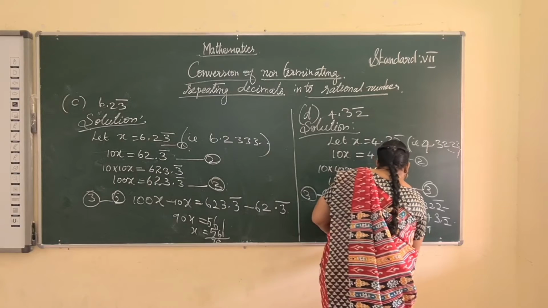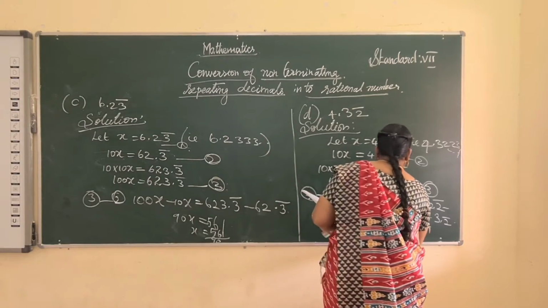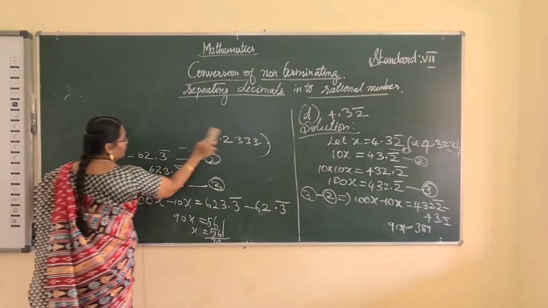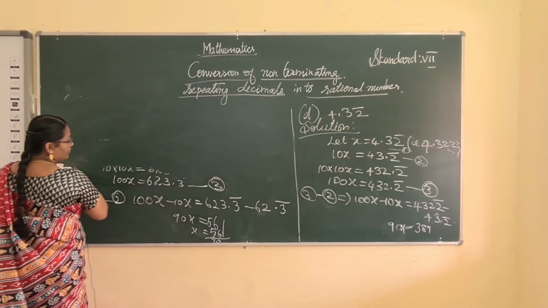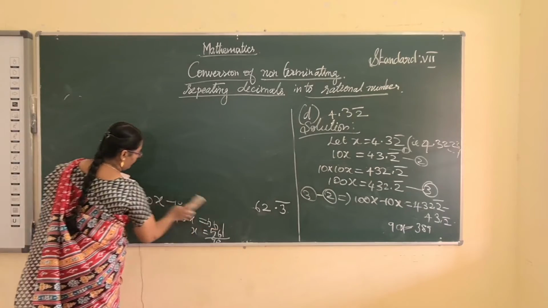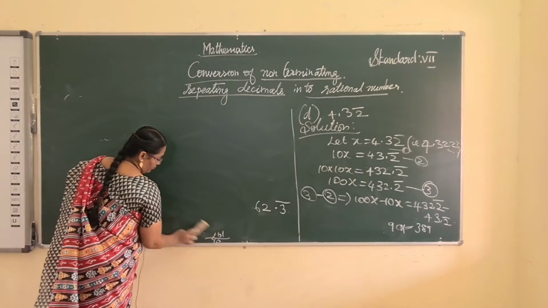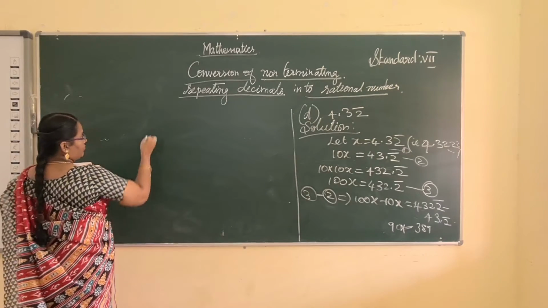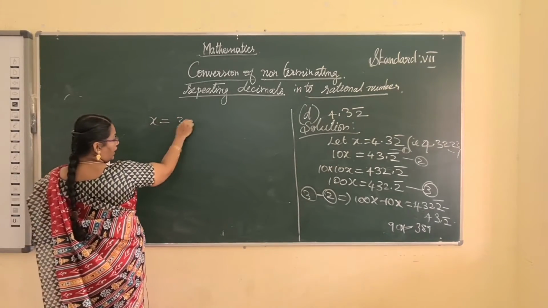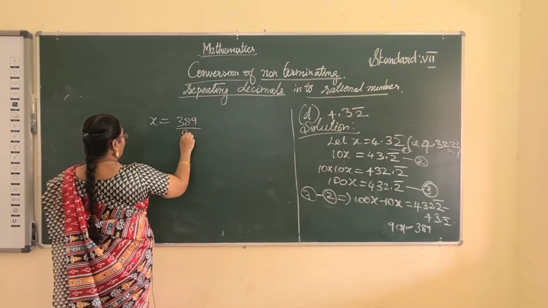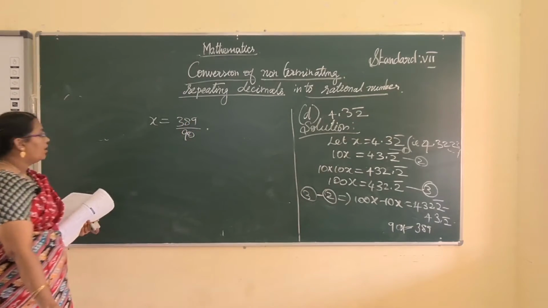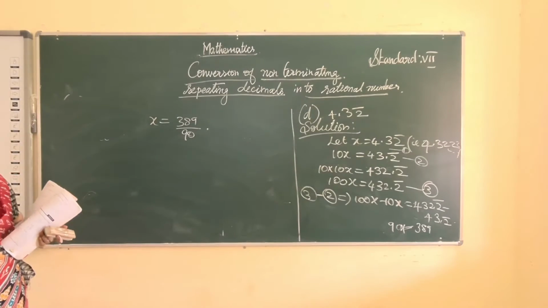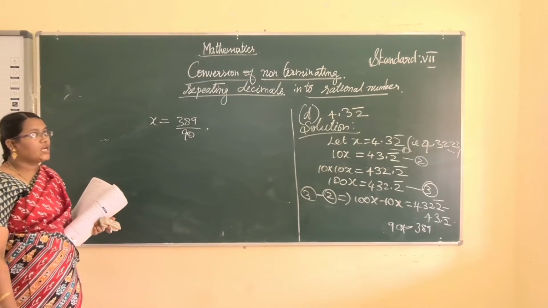Here 90x, so x equals 389 by 90. That's it. I hope you have understood the concept of conversion of non-terminating repeating decimals into a rational number.